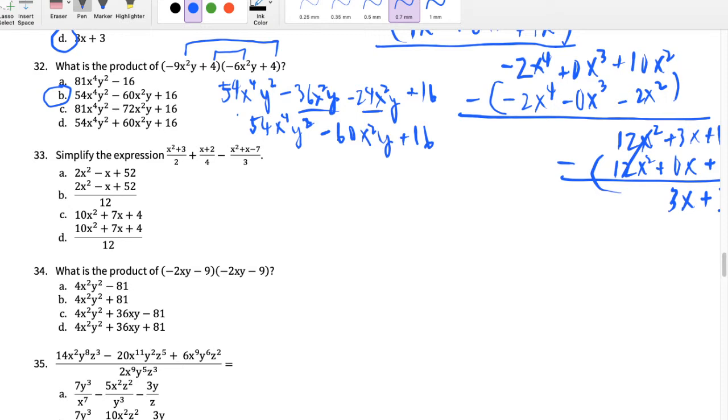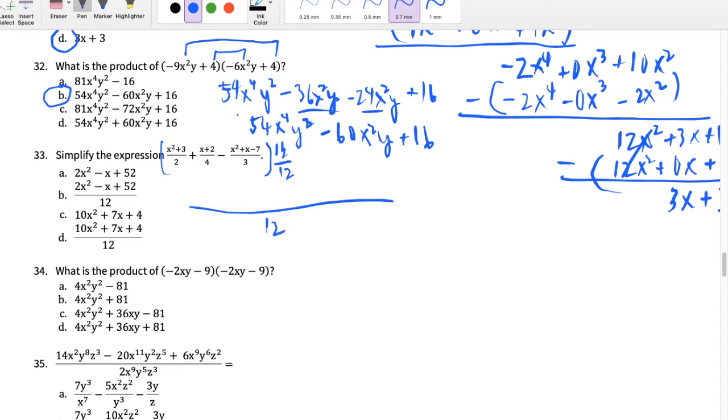Okay, number 33. Simplify this expression. Okay, so to simplify this, i-multiply lang natin yung taas and baba each one of them by 12 over 12. Kasi ang least common denominator nila dito would be 12. Okay? So, 12 over 12. Ito, all over 12 na yan sila guys ha.